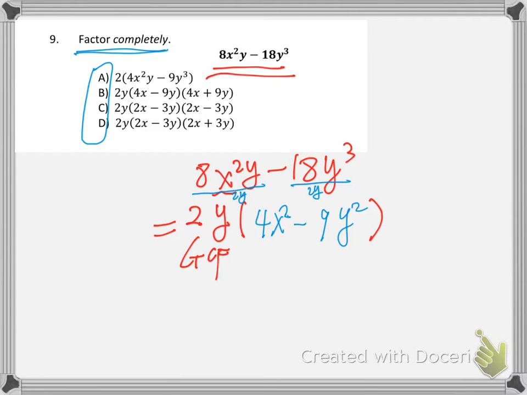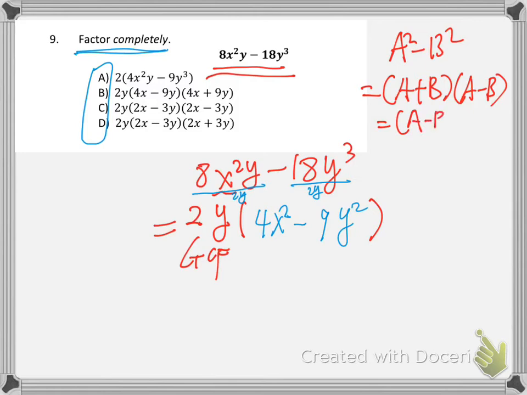So now what's our step 2? Step 2 is this formula. A squared minus b squared is a plus b times a minus b. The order doesn't matter, okay? You can also write it as a minus b times a plus b. The order doesn't matter. So what is a and b here?